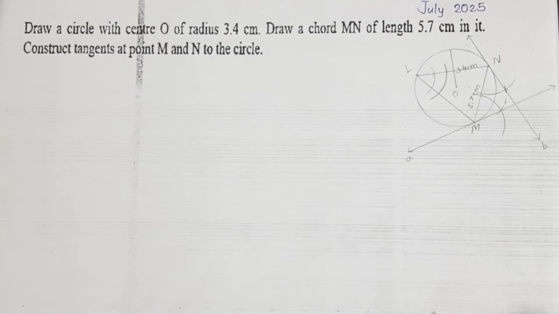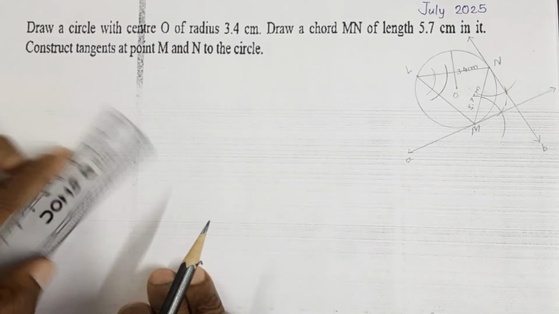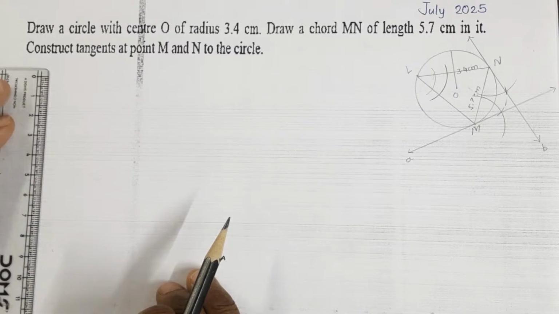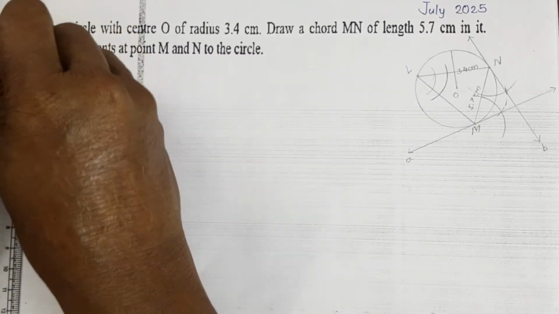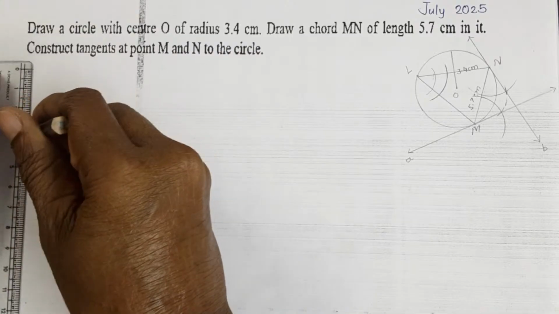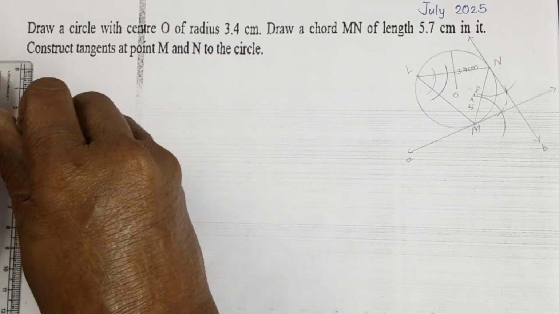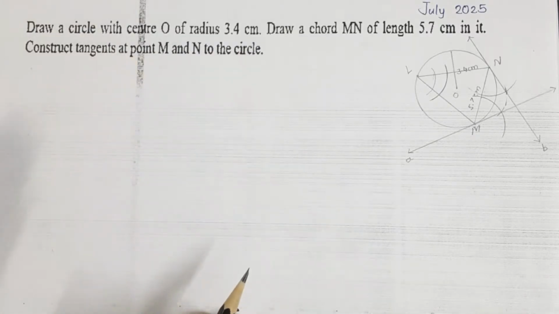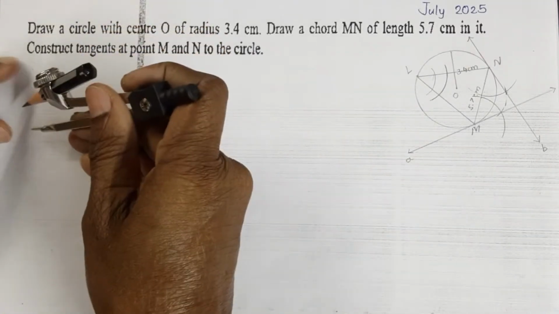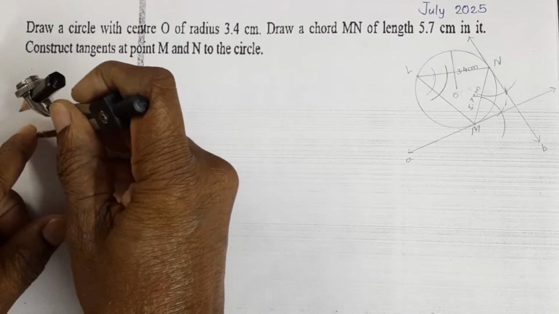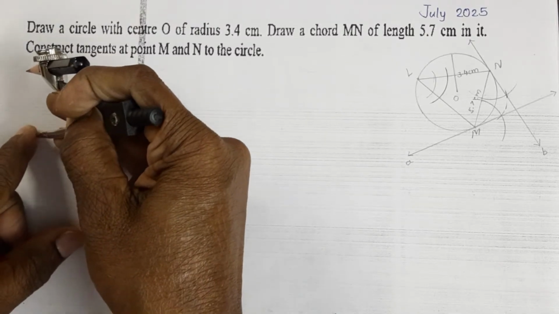So first take the measurement of 3.4 centimeter here students. 3.4 centimeter students, how can you take it out? First place this scale here and measure out 3.4. Only take the 2 points, 3.4 here, these are the 2 points, okay. So I take this distance in this compass, okay.